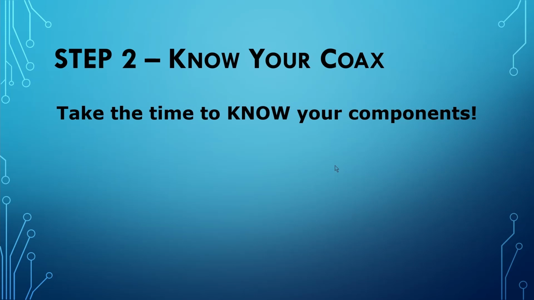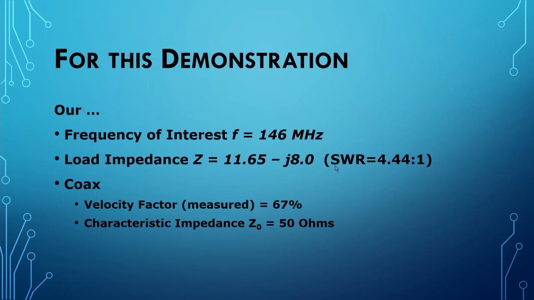Okay, so now let's begin our paper and pencil exercise on the Smith chart to create a parallel stub match with an open stub. For the sake of this pencil and paper exercise, I have chosen the frequency of interest of 146 megahertz.